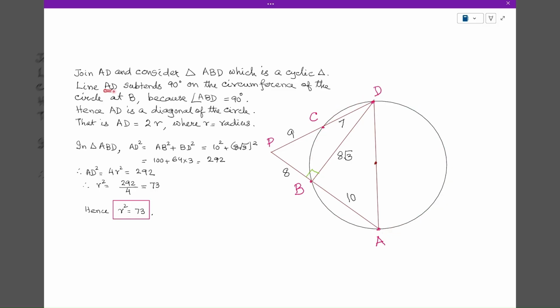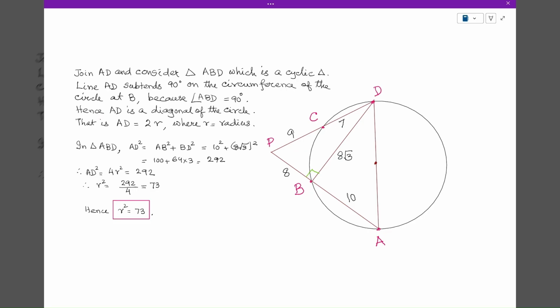Line AD subtends 90 degrees on the circumference of the circle at B. Therefore, line AD subtends an angle of 90 degrees on the circumference.